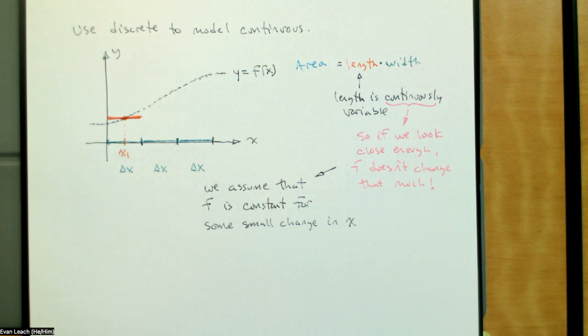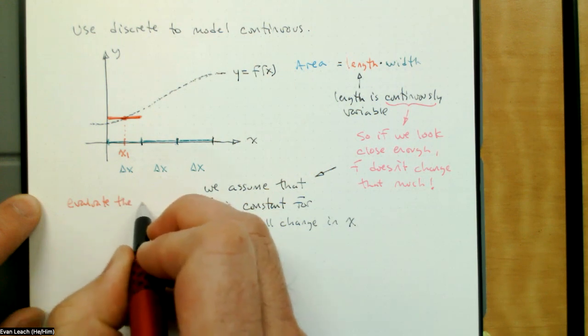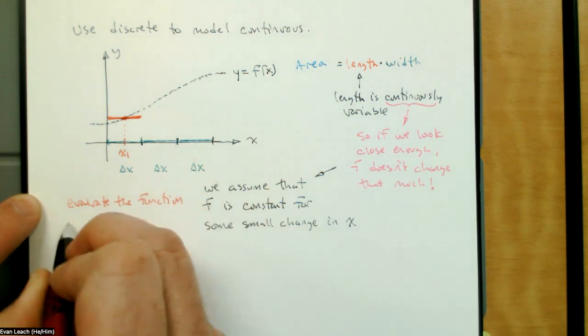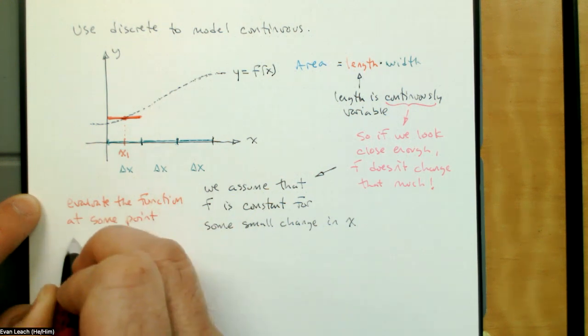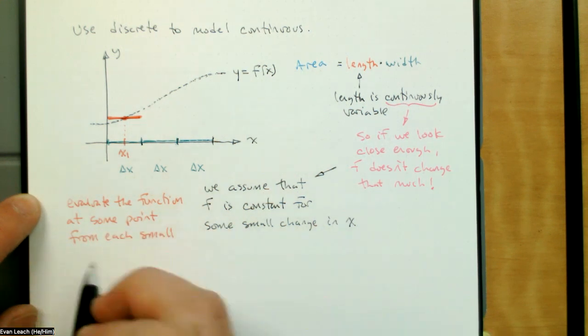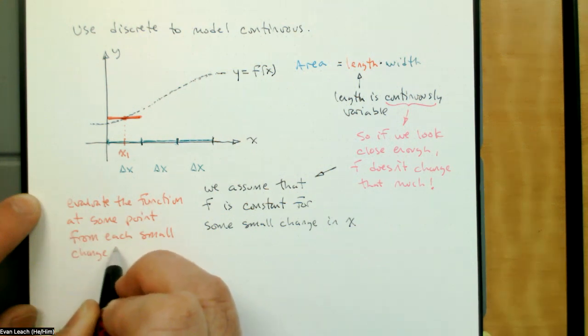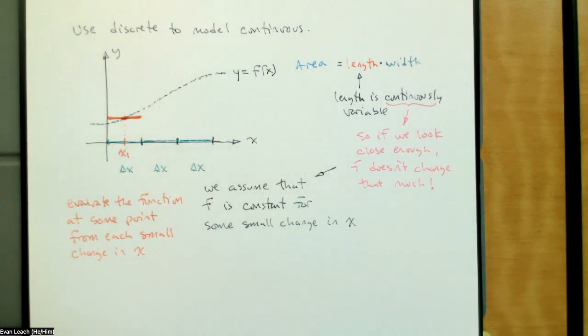So mechanically, we choose a value from each of these intervals and evaluate the function at those points. That will be the value of the function for the entire change in x.